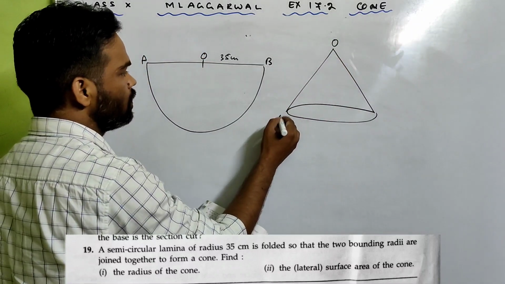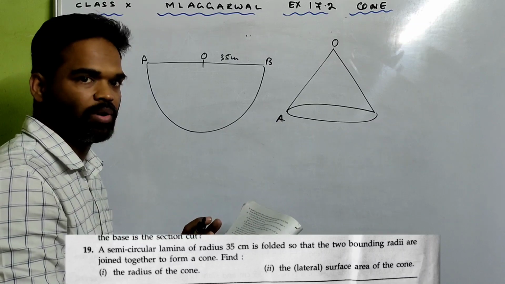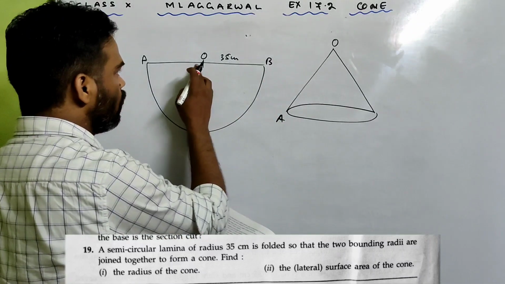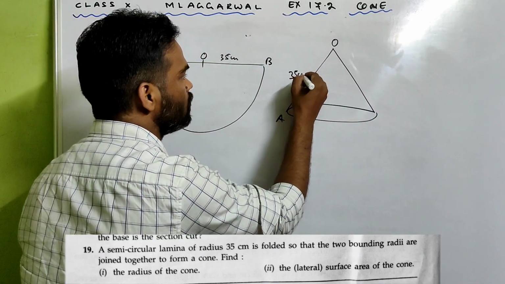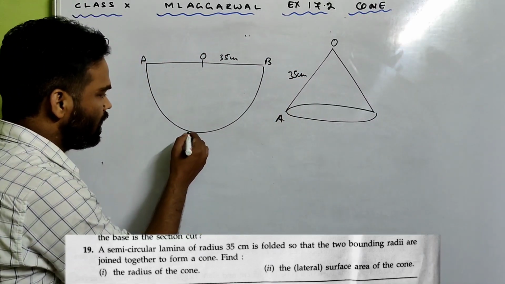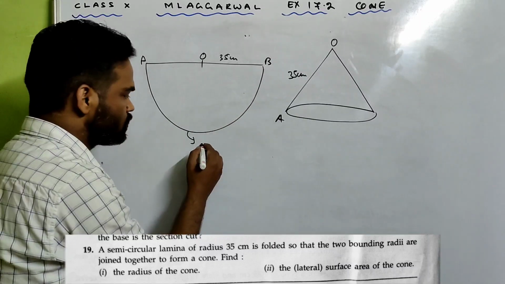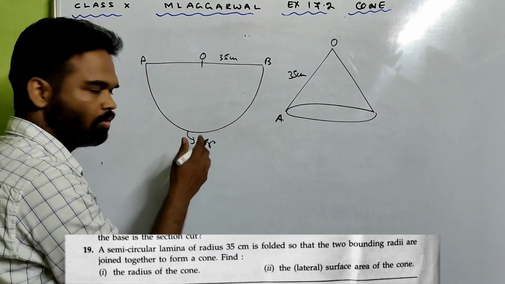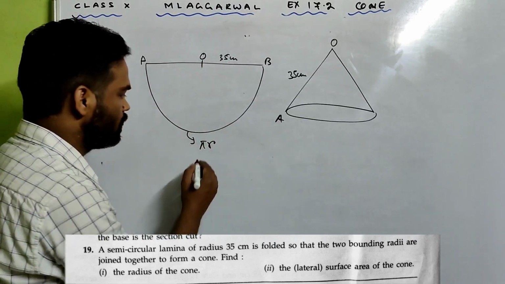OA and OB are joined. Try to understand. So OA or OB becomes the slant height. And how much is this region? This region is pi r. Yes or no? For this semicircular lamina, this curved part is pi r.